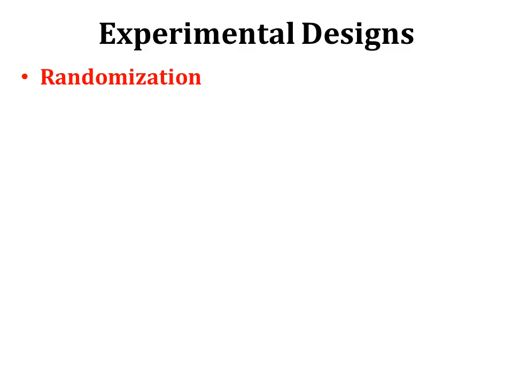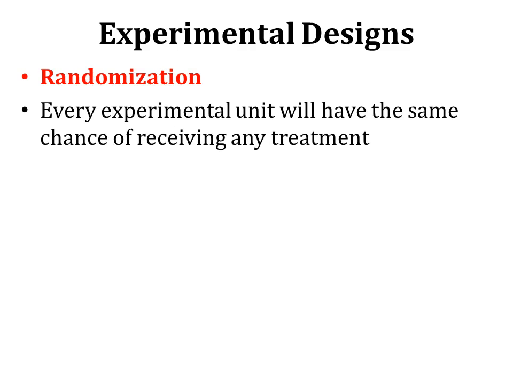So the first one is randomization, and as its name indicates, this principle makes sure that every experimental unit will have the same chance of receiving any treatment. So you're not nominating that these specific experimental units are going to receive this treatment, or this group of experimental units is going to receive treatment number 2, and this group is going to receive treatment number 3, and so on, right?